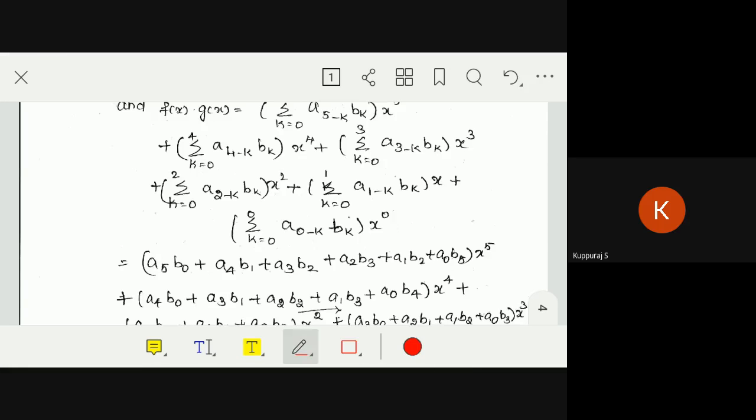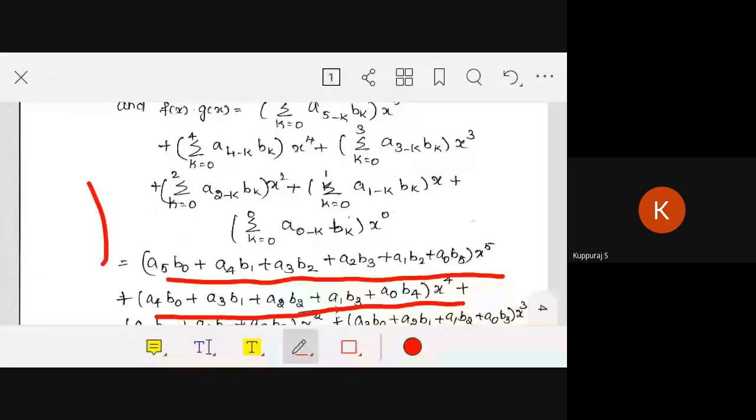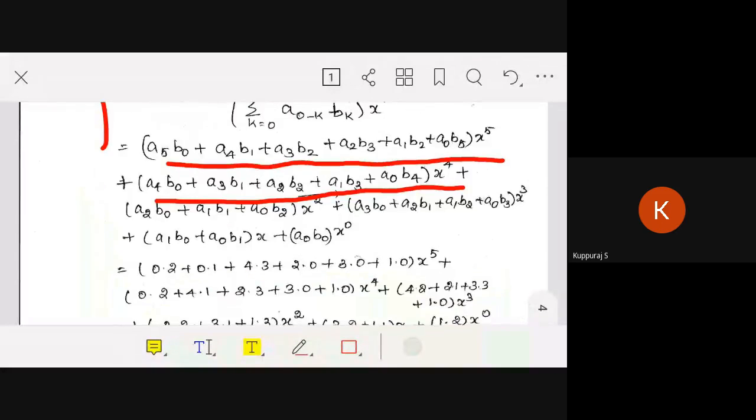Then expanding the next summation we get this one, and the third gives a2 b0 plus a1 b1 plus a0 b2, x squared. Similarly, expand all the summations.